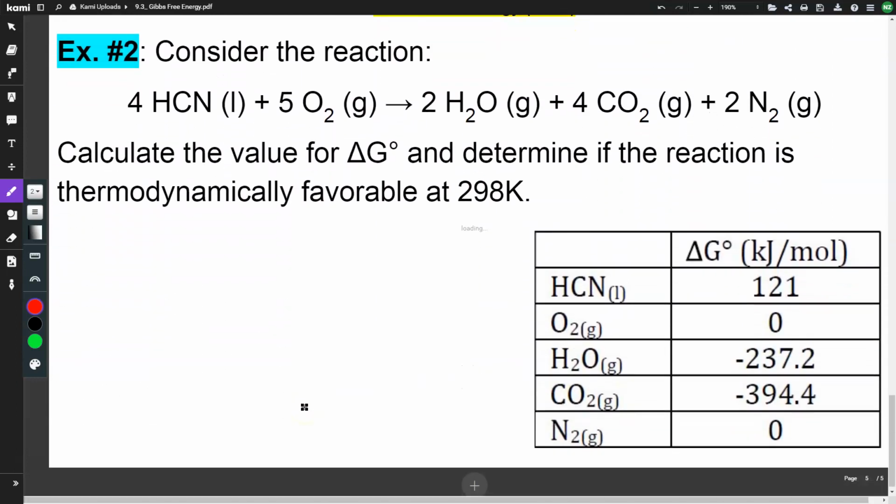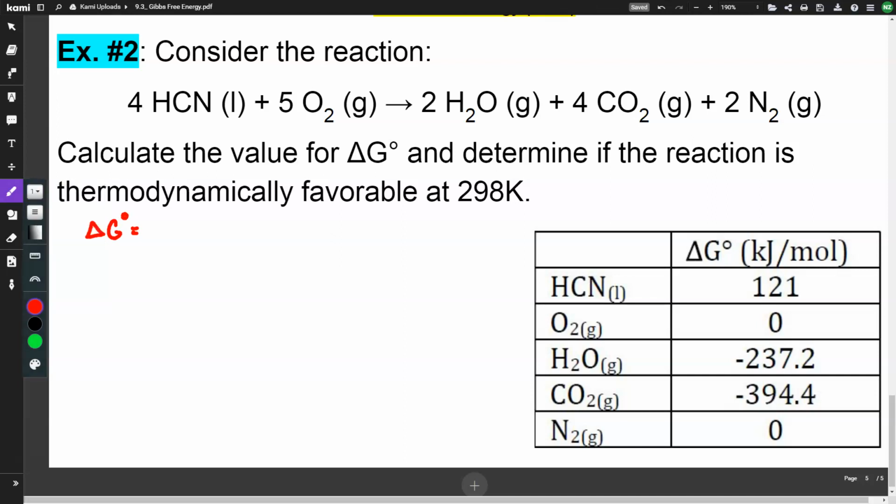Second example. It says consider the reaction, calculate the value for delta G and determine if the reaction is thermodynamically favorable at 298 Kelvin. We are going to look up all of these values and basically do what we've been doing. So here we go.